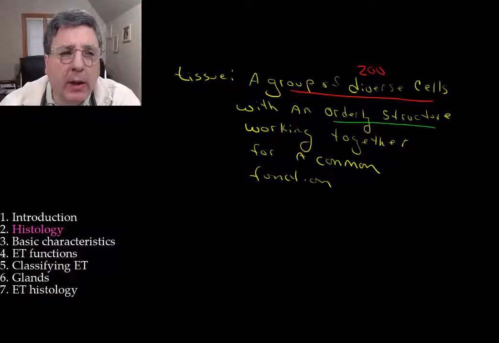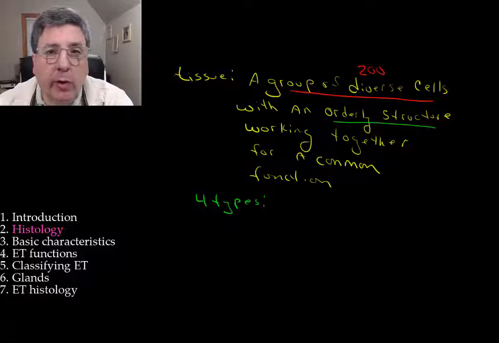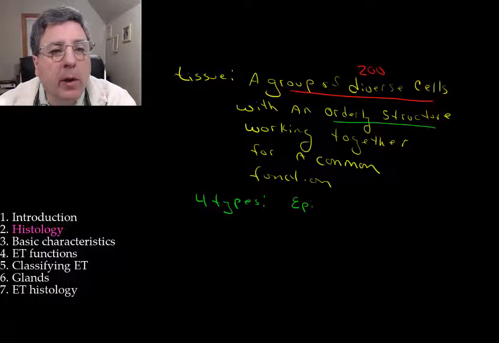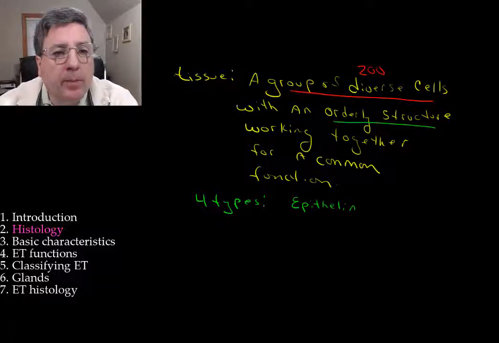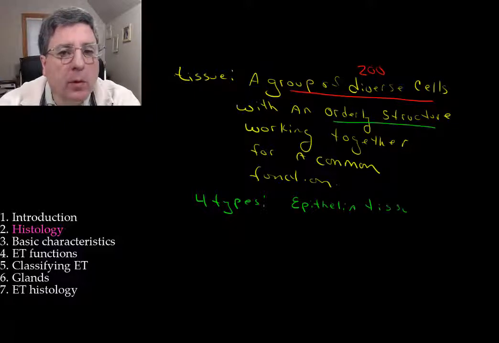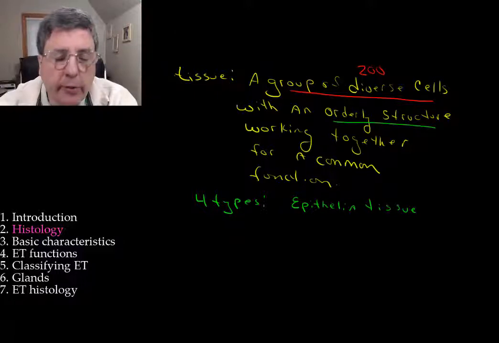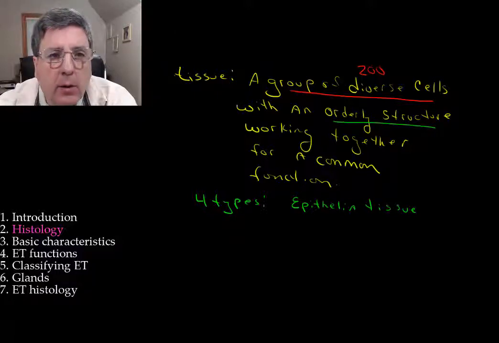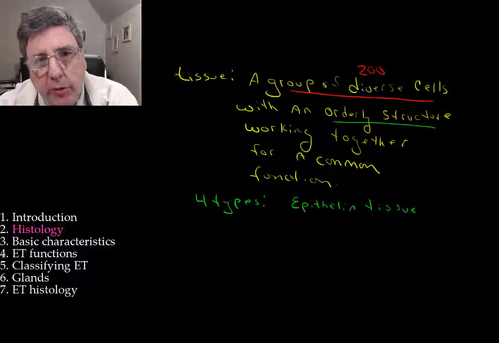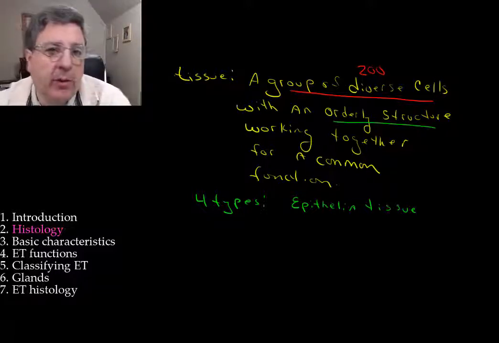And in the human body, there are 4 types of tissues, okay? This first set of videos is going to be on the first one, which is epithelial tissue. Epithelial tissue lines cavities or covers things. So it covers surfaces of different things and it lines cavities.